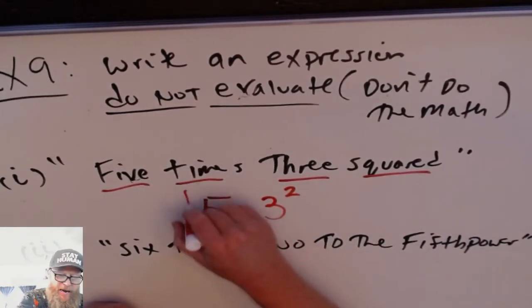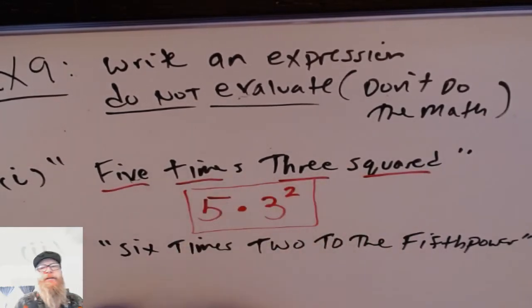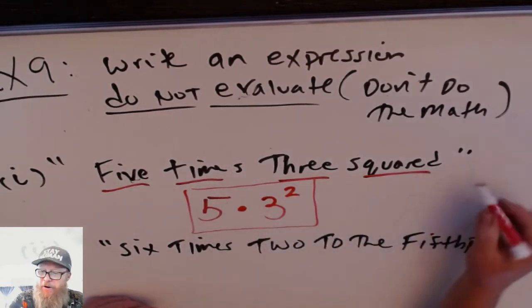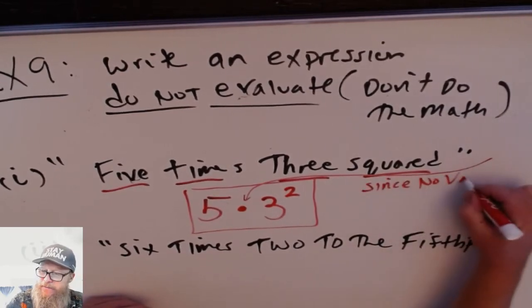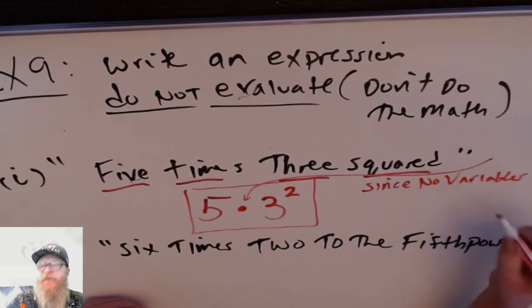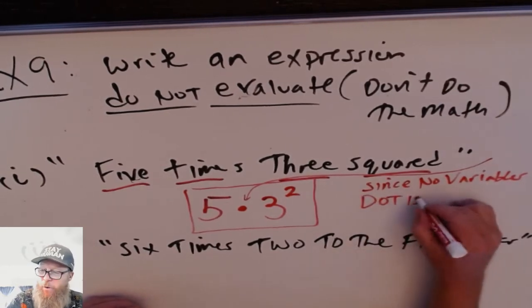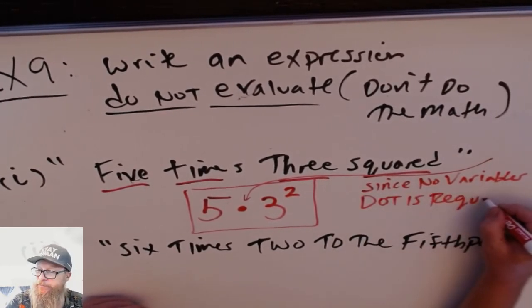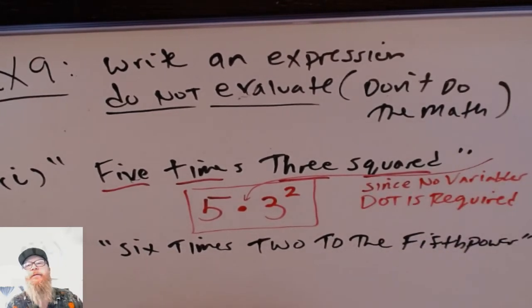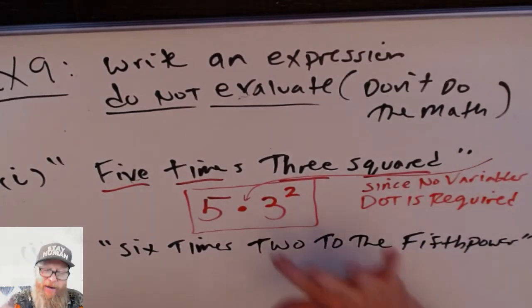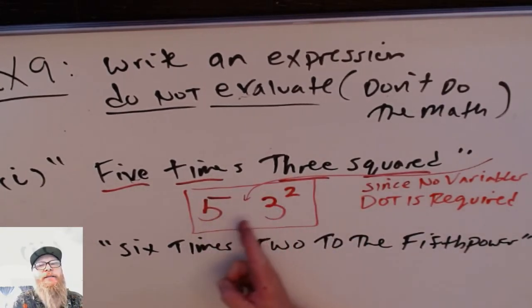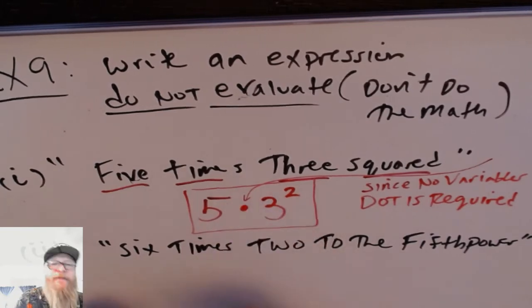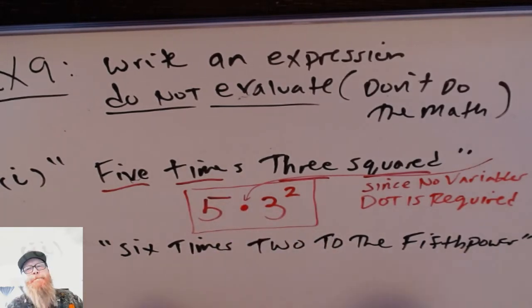And don't do the math, just leave it in that form. If there are no variables, any problem that does not have a variable, the multiplication dot is required. And you can see why, I hope. If you don't put the dot, it looks like 53. So you got to put the dot, because you don't want it to look like 53.